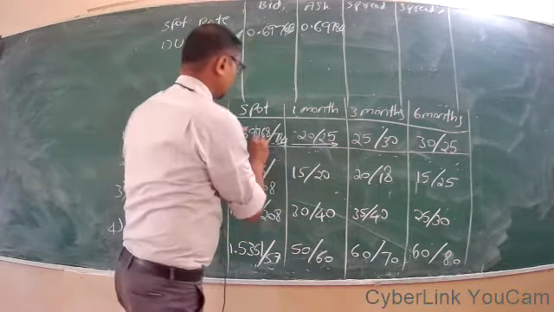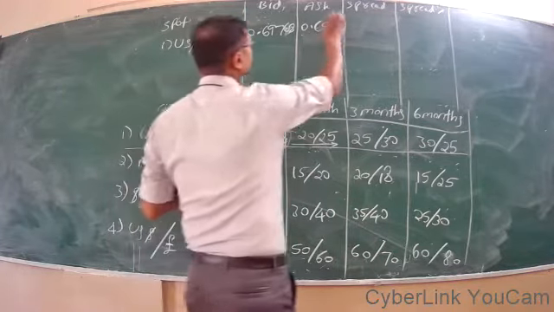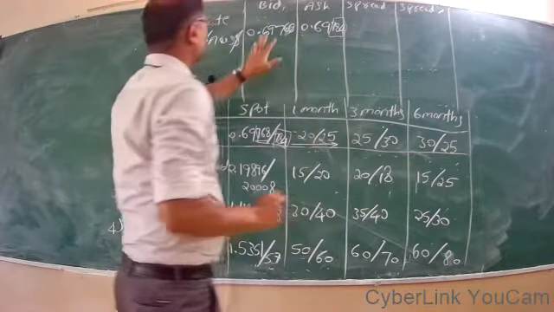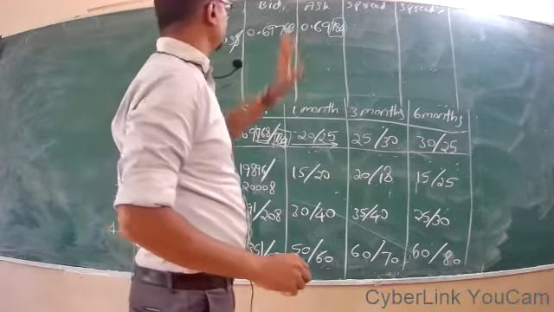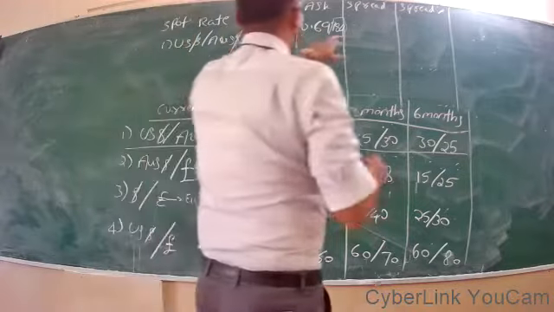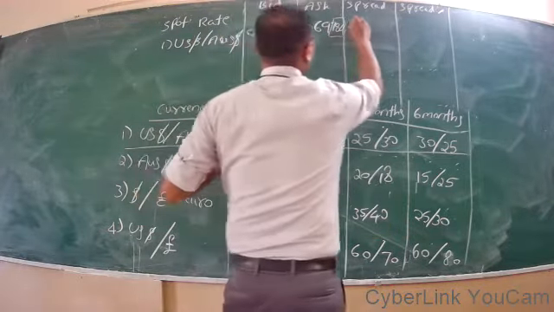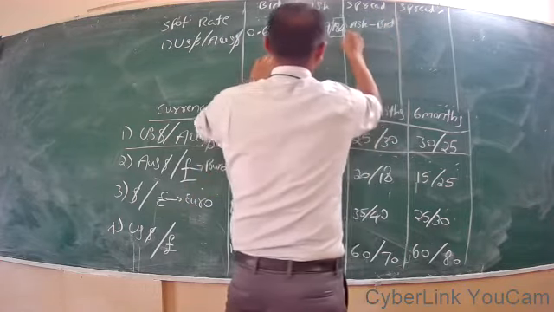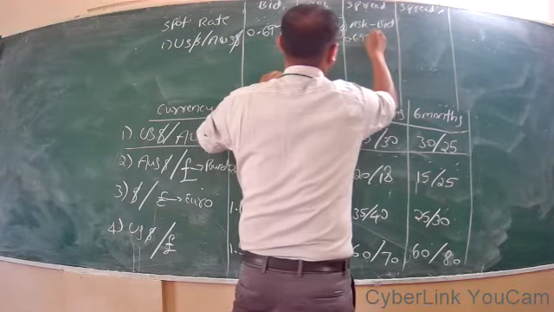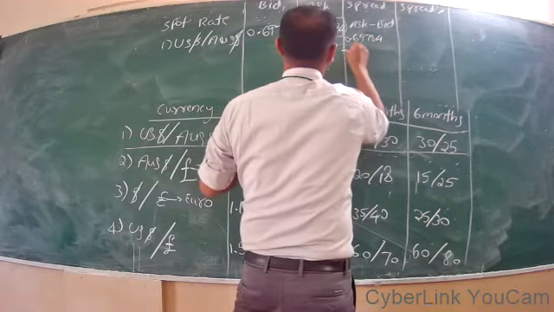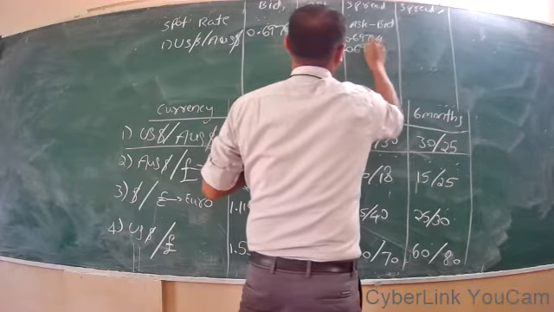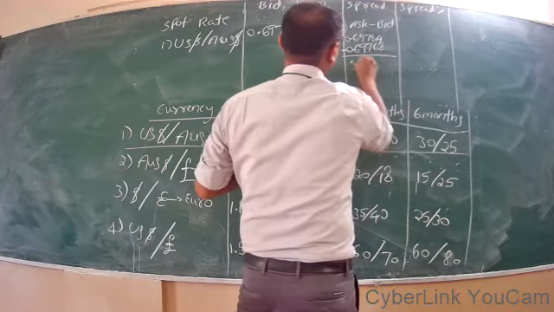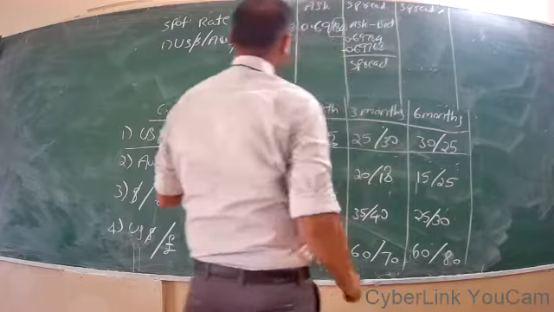I have replaced these three digits, and these 4 or 5 digits after the integer are called pips, right? To calculate the spread, the formula is ask minus bid, that is 0.69784 minus 0.69768. You need to calculate this, and this is your spread, right?